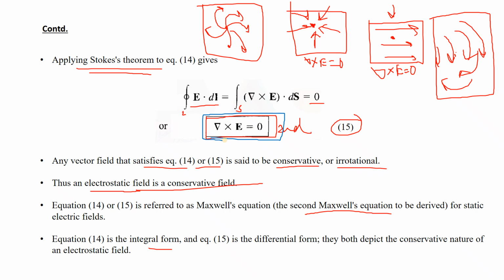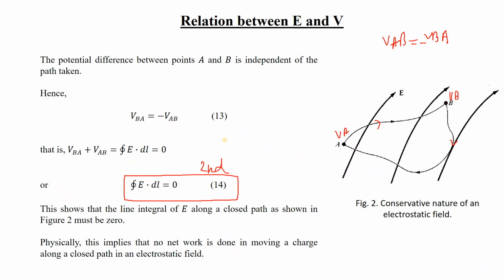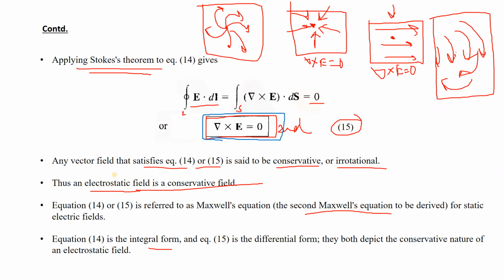This one is called the differential form, and this is called the integral form, because there is an integration. So the integral form is that the closed line integral of E is 0, and the differential form is that the curl of E is 0.